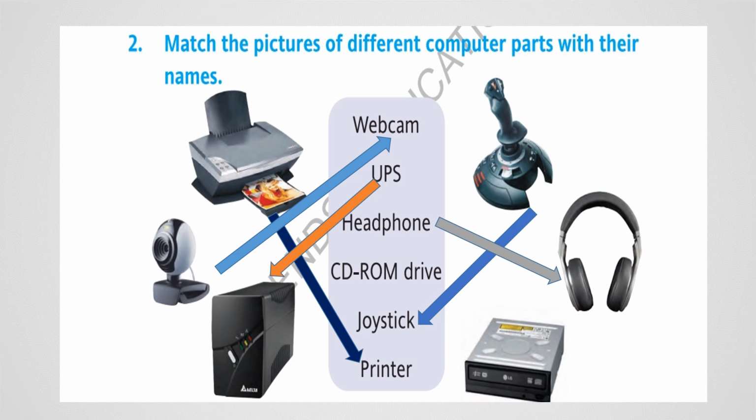H-E-A-D-P-H-O-N-E, headphone. Then see the picture given below headphone. It is a CD-ROM drive. So we will match it with CD-ROM drive. Spelling is C-D in capital letters, R-O-M in capital letters and drive. D-R-I-V-E, drive. CD-ROM drive.